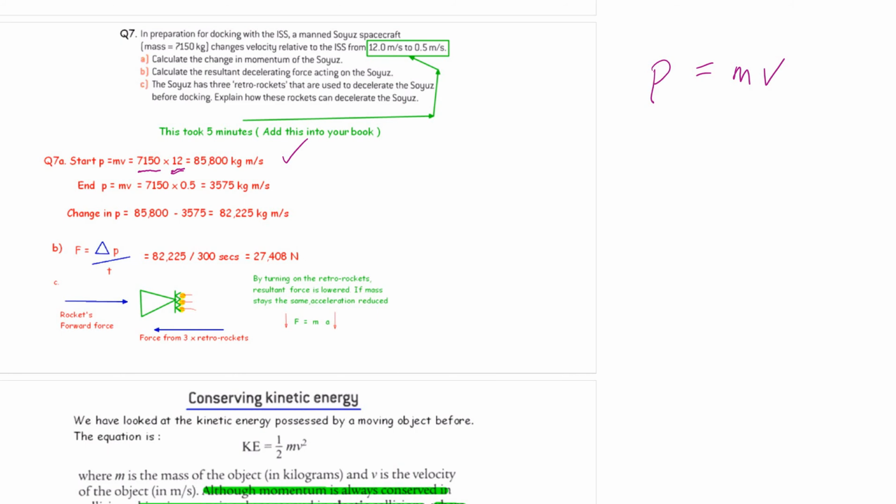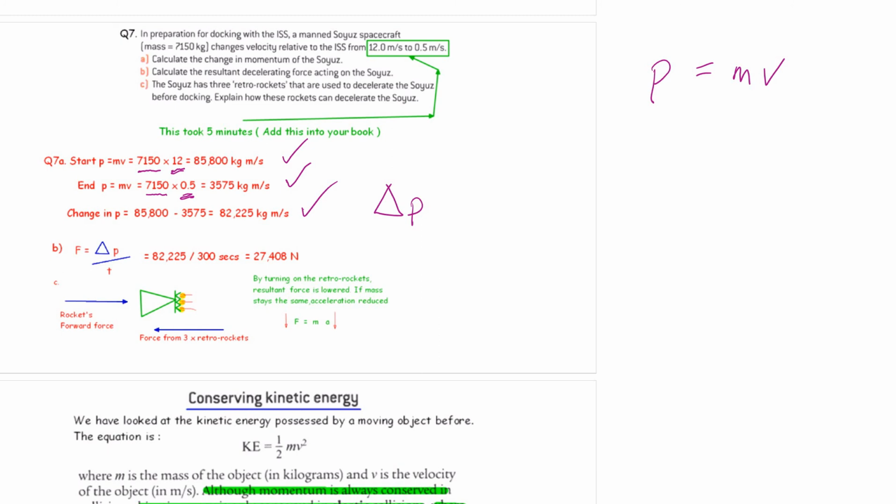Our end momentum, just before it docks, or as it docks, is it's got the same mass, but it's much less velocity. So our momentum is much less. And so our change in momentum is the big number, take away the small number, which gives us 82,225 kilogram meters per second.